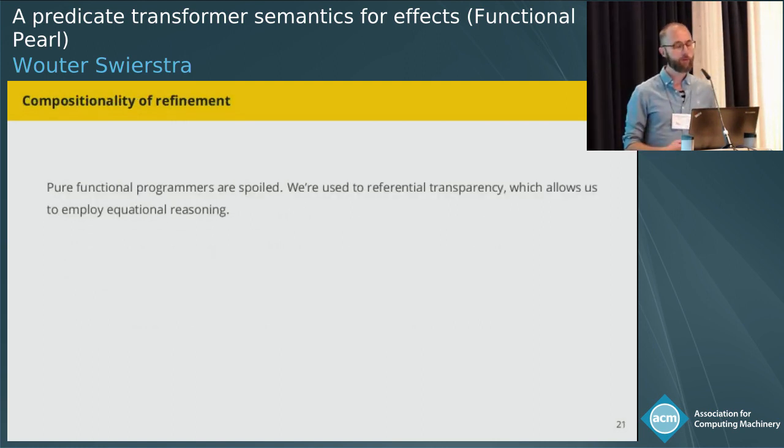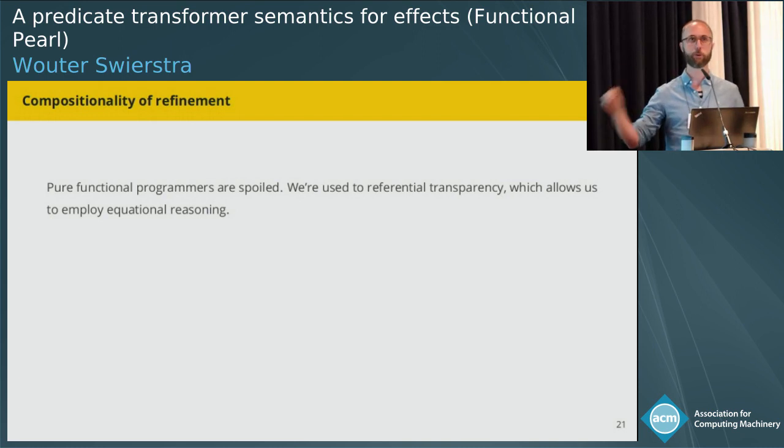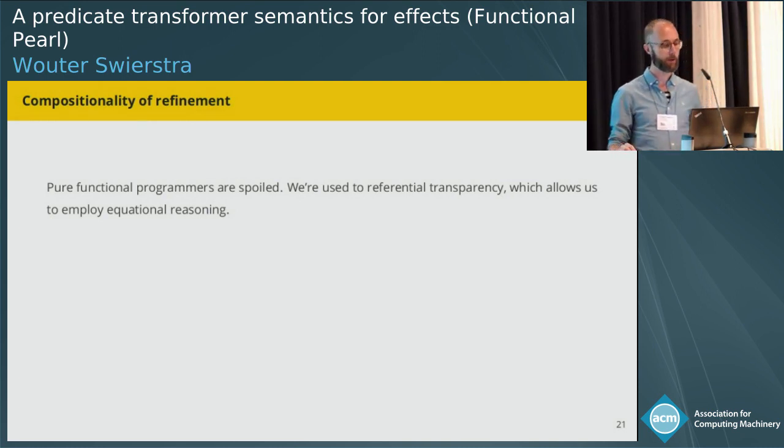So one very important property of refinement is that it's compositional. As pure functional programmers, we're kind of spoiled. We're used to having this notion of referential transparency, which lets us substitute equals for equals, and we use this all the time as soon as we do any equational reasoning.